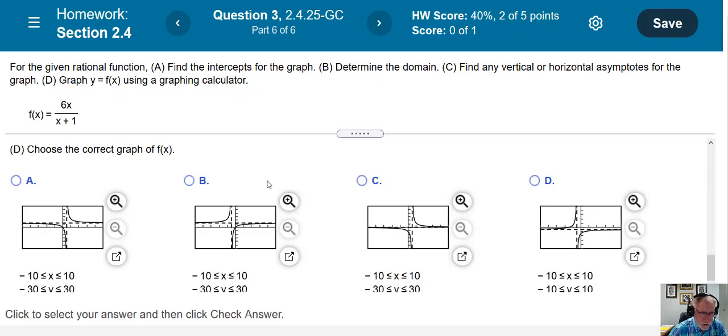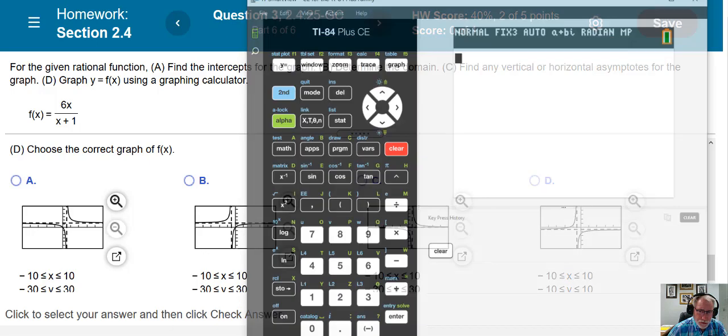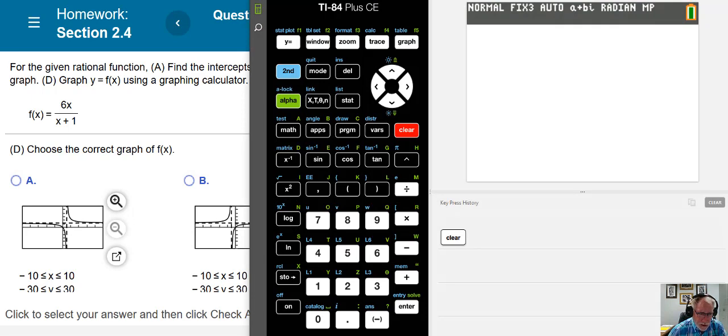Now in choosing the graph, we could either use the information that we just got through answering, or we can enter this into our calculator. Now I'm going to use the TI-84 calculator and show you how to enter that into the calculator.